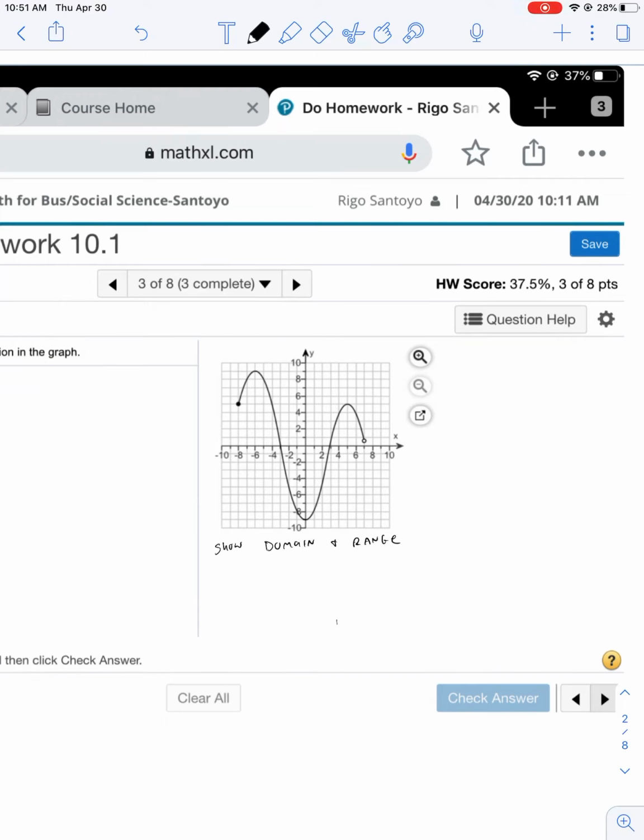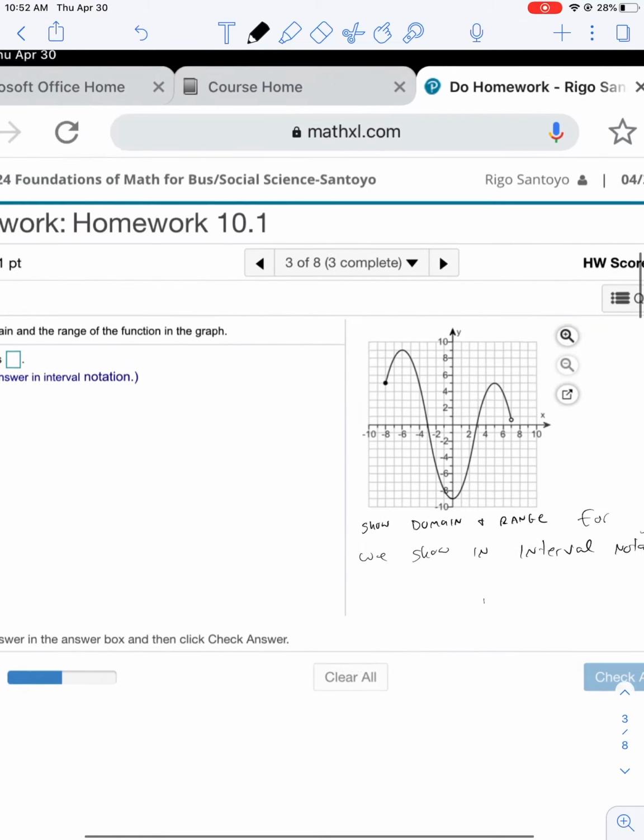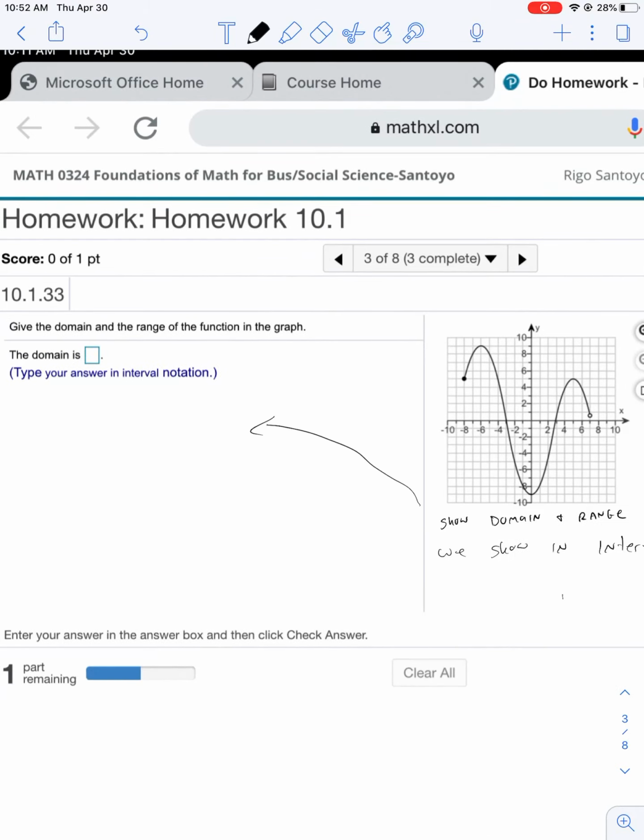So we show domain and range for graphs in interval notation. All right, and let's not forget interval notation.